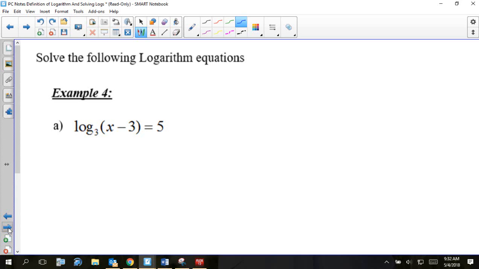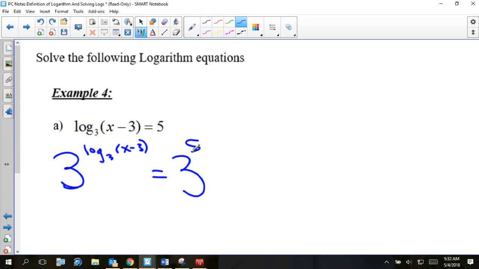Exponentiate. We're going to exponentiate each side, with a base of 3. So we get 3 to the log base 3 of x minus 3 equals 3 to the 5.